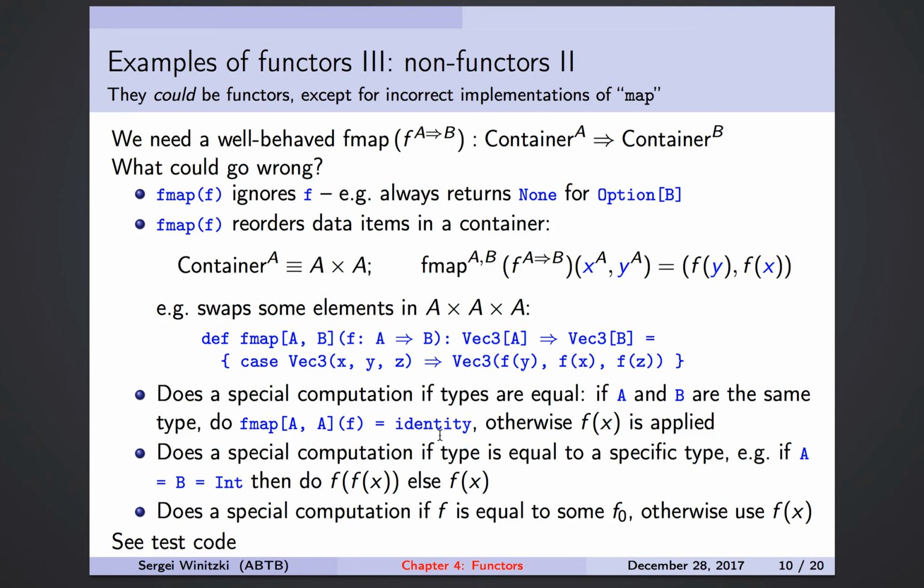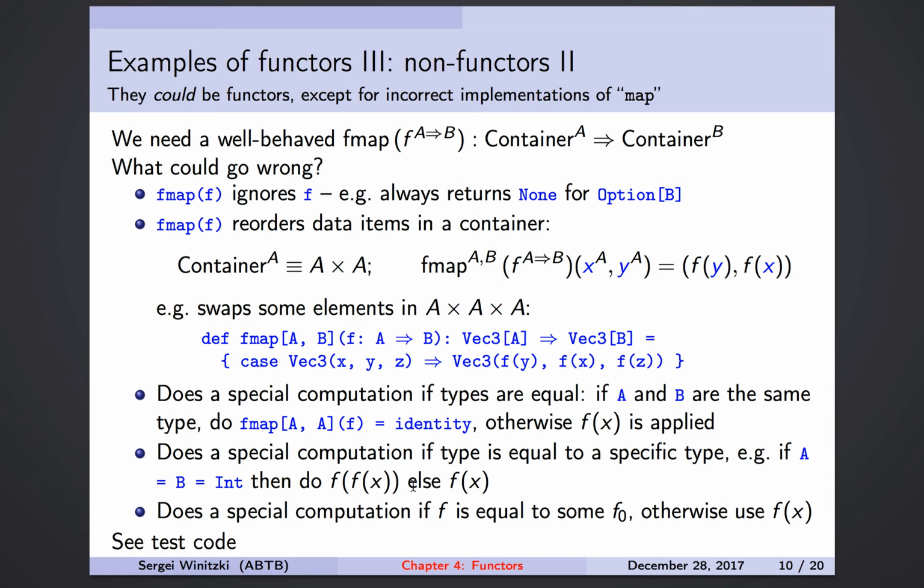but this would violate the composition law, because you could have functions f and g whose composition is not identity, and you would check here that the type is the same. You would return identity for them, and it would not be equal to the composition of f and g. So you would violate the composition law if you do that.